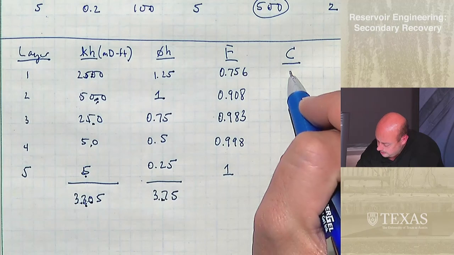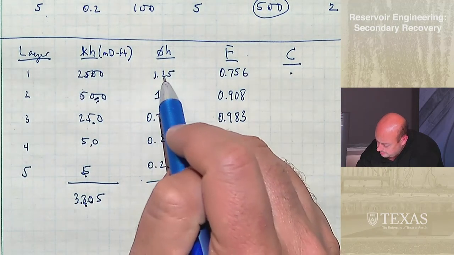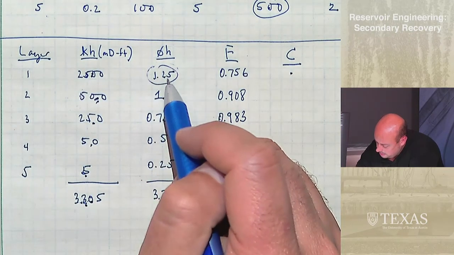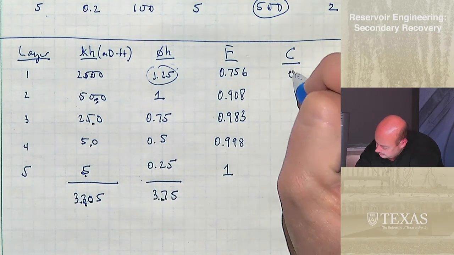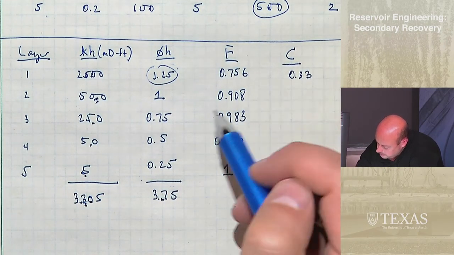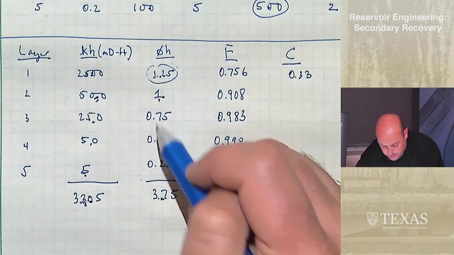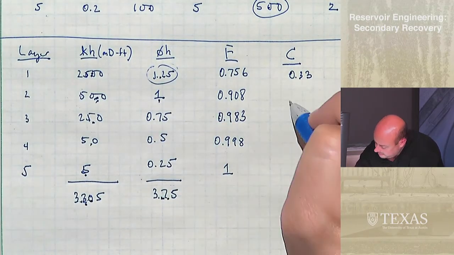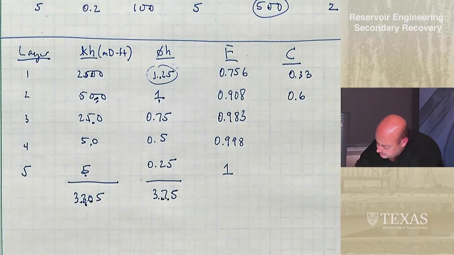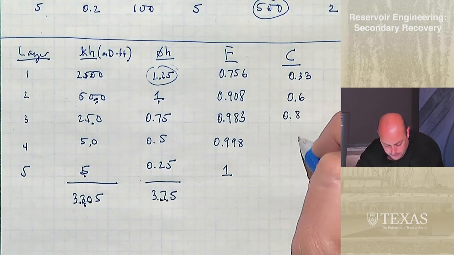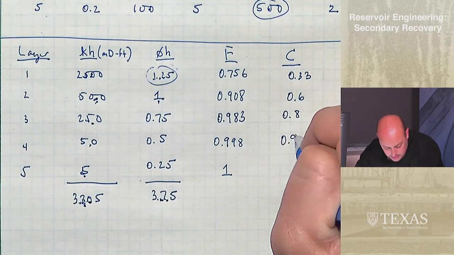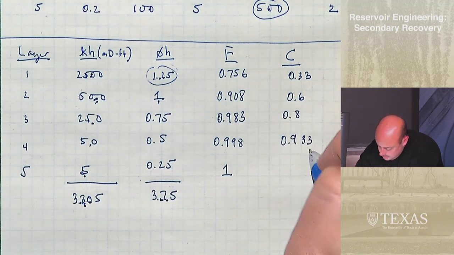C works the same way. It's going to be the porosity times the thickness here divided by 3.75, and I get 0.33. Then it's 1.25 plus 1 divided by 3.75. I get 0.6. Then 0.8. 0.933.